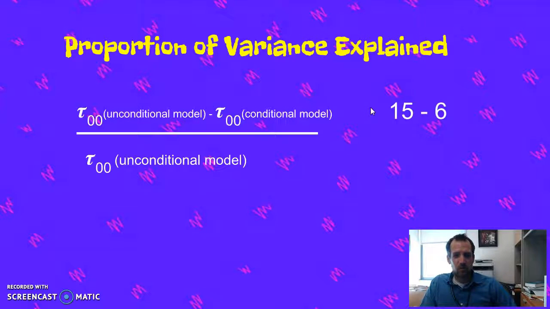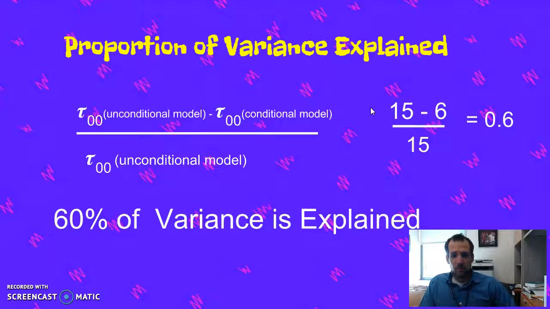So in the unconditional model, our tau 0,0 was 15. In the conditional model, it was only 6. So we divide that by 15. We can get 0.6. So 60% of the variance is being explained by this conditional variable. It's really good, which is a lot.